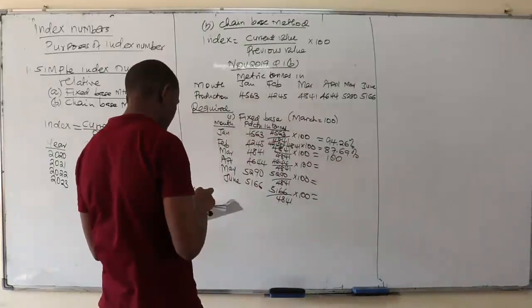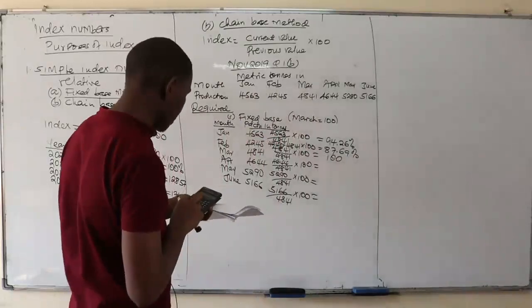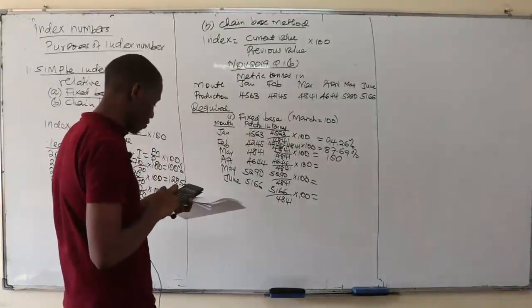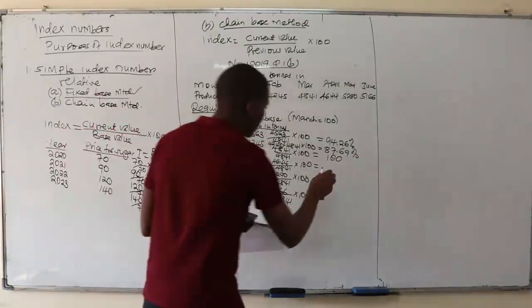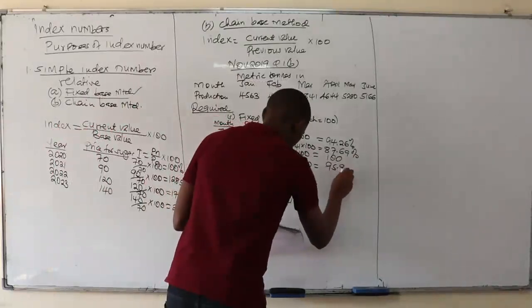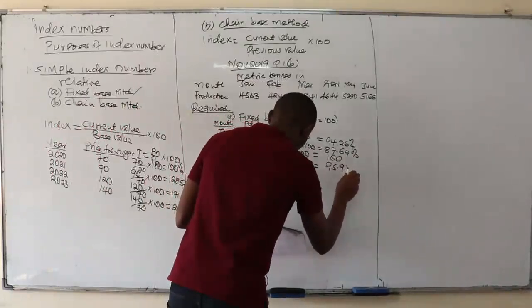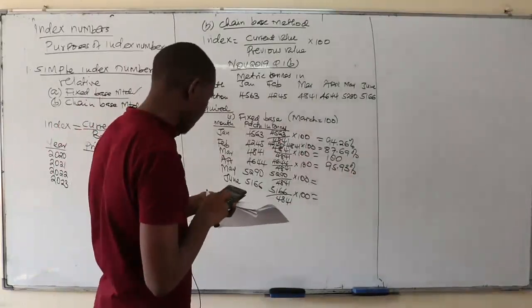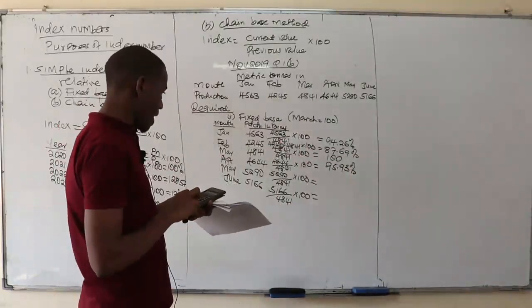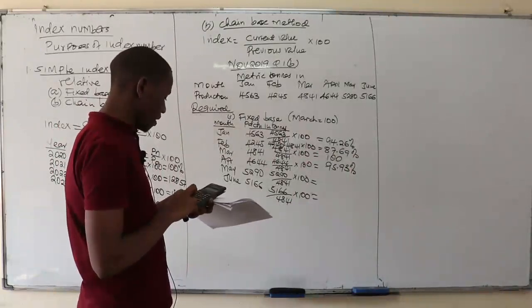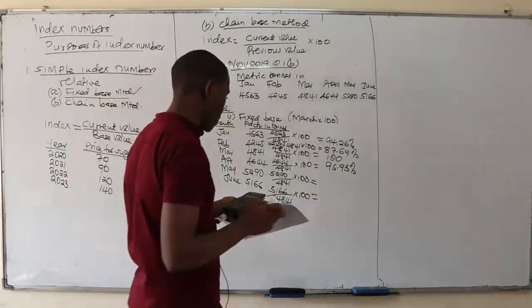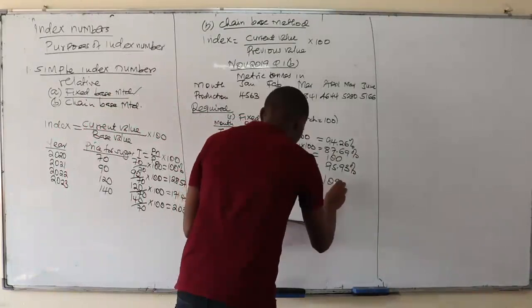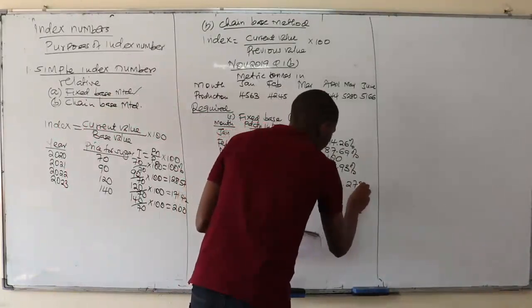That is the base. The other one is 4644. You divide by 4841, which is 95.93. The other one, 5290, you divide by 4841, multiply by 100, which in that case is 109.27.